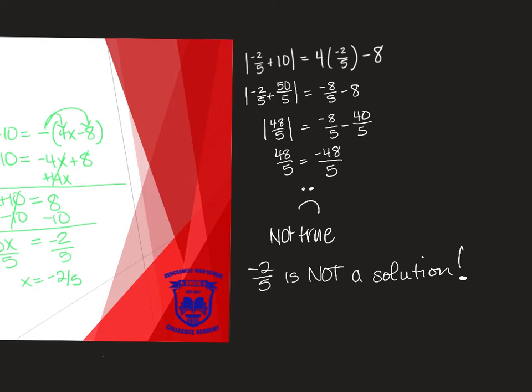It appears to be a solution, but when we went back to check it, it is not a solution. So when this happens, that is called an extraneous solution.